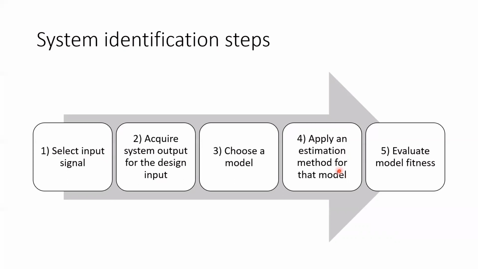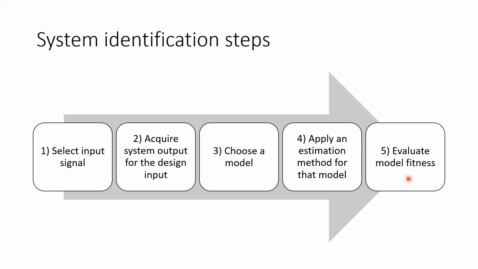Then apply one of those estimation methods mentioned before in order to find the chosen model, and at the end evaluate the model fitness and see if our estimation fits the data that we have identified before. So that's the main flow for system identification.